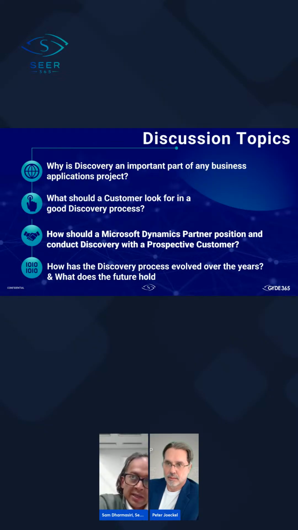So I think we'll see more of that ongoing, a bit like in a manufacturer where you have your regular stock takes of your inventory. I think your regular sanity check of your requirements and business application needs probably needs to be baked in, and maybe that's something partners should look at.